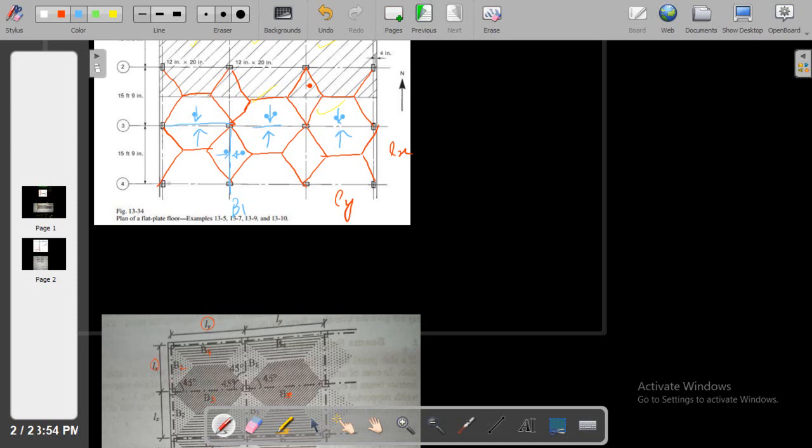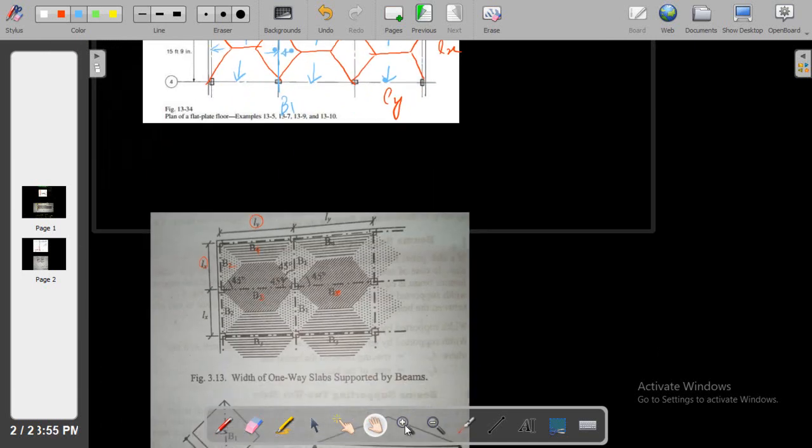Similarly at the exterior beams, we can see only one trapezoid area, similarly here one trapezoid area. While on the shorter beams, you can see one triangular area, one triangular area. So this is the overall mechanism.